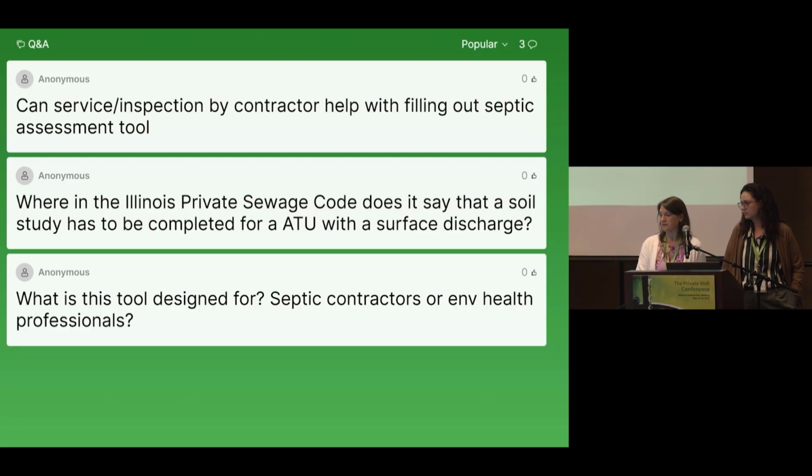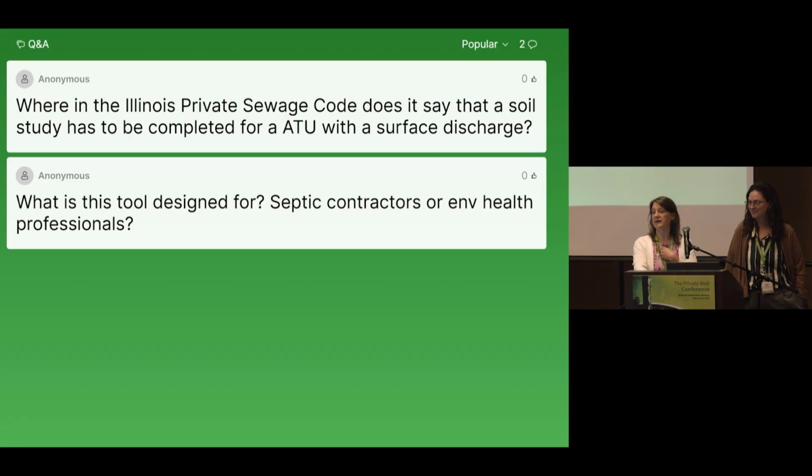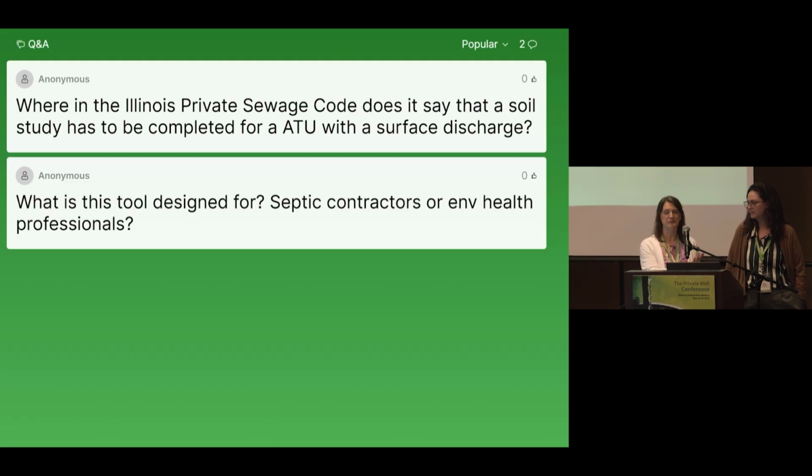Where in the Illinois Private Sewage Code does it state this? I think it's in there in a roundabout way, if I recall correctly. It is, and I did work at a county health department where we had our own ordinance on top of it. But I know it was at a state level meeting that we were talking about it.